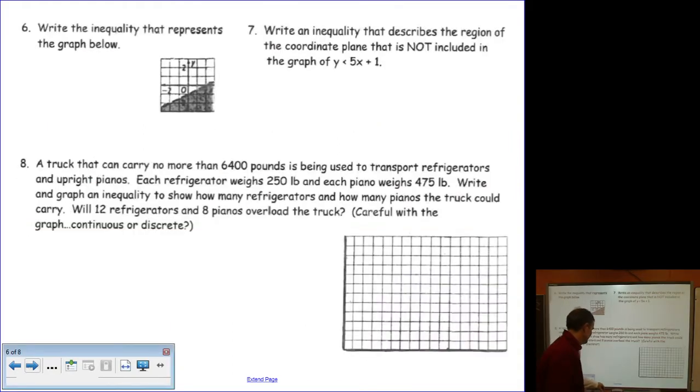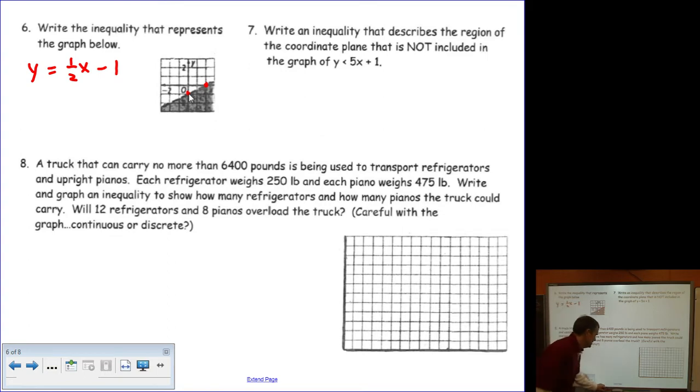Number 6, I need to write an equation for this line. Well, let's see. The y-intercept is -1. So the slope of this line is up 1, right 2, so the slope is 1/2, and the y-intercept is -1. That's the equation for the line.